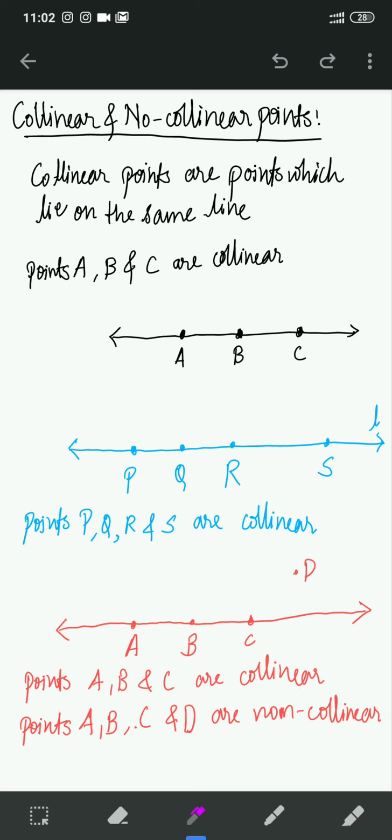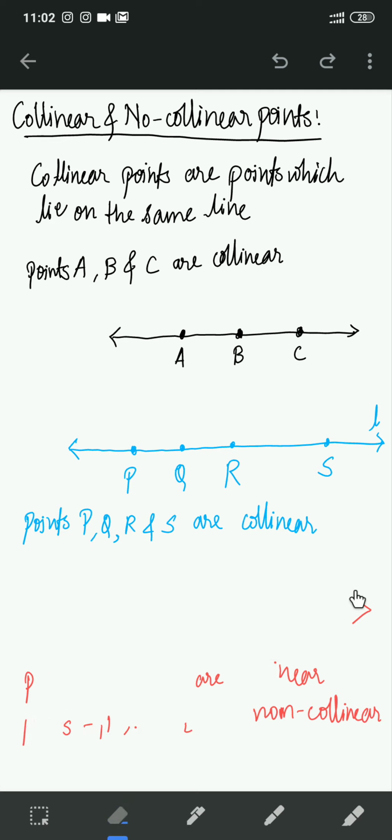Now why 3 or more than 3 points? Collinear points are points which lie on the same line, but that is basically 3 or more points. Why can't I say that 2 points are collinear? Obviously, 2 points are always going to be collinear. I'll show you that.